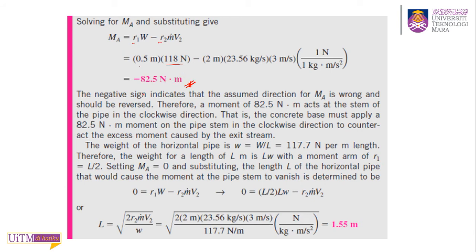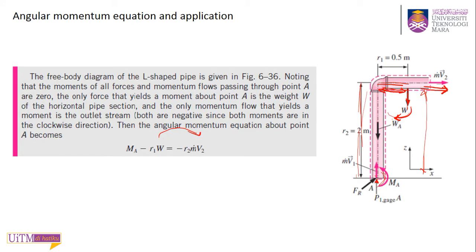Moment, okay. So why is this negative? That means the direction of moment A, which we assumed counterclockwise is positive, is wrong. The direction should be in this direction, clockwise.